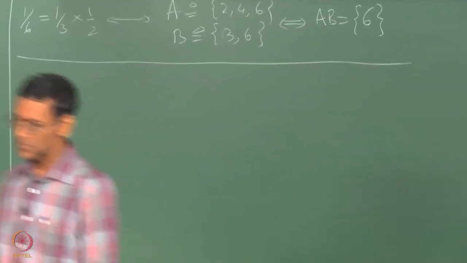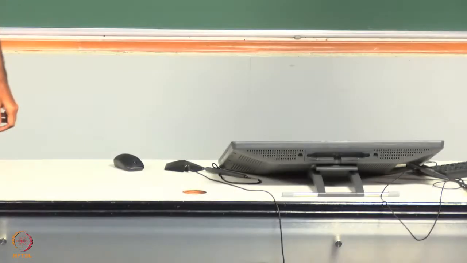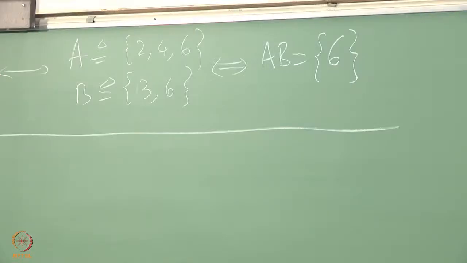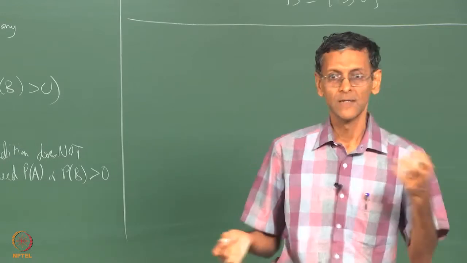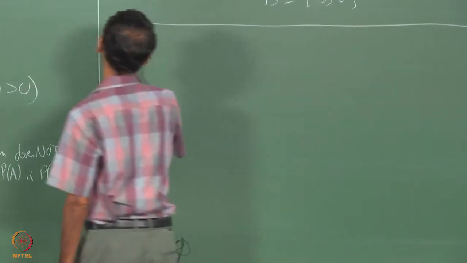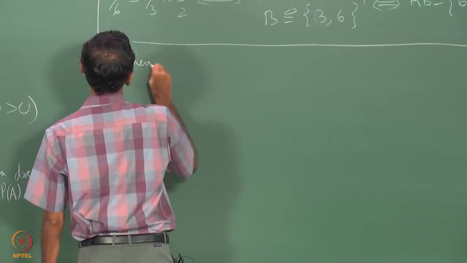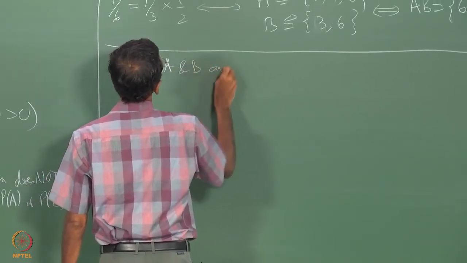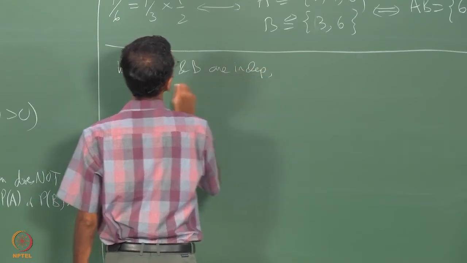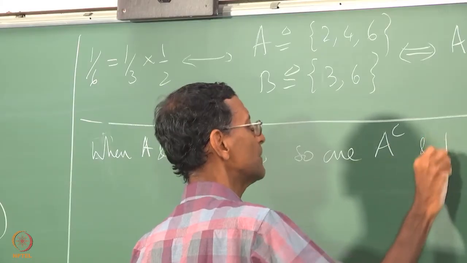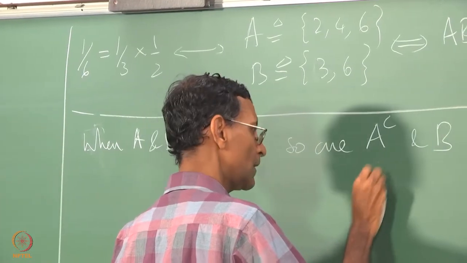So A and B are exclusive. A very important result is that if A and B are independent, then A, B complement, A complement B, A complement B complement, all of them are independent events, right? So if A and B are independent, so are A complement and B, A and B complement.